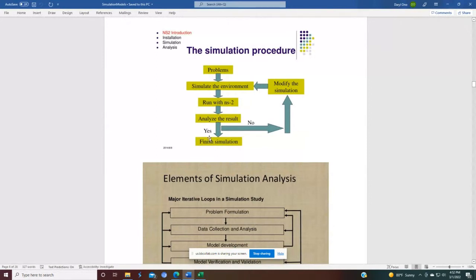But many times, what do you have to do? You have to go out there, modify the simulation, run it again. And if you analyze the results and they're feasible, you're finished with the simulation. But the process of modifying the simulation, that's a big point. Could take a lot of time and effort.